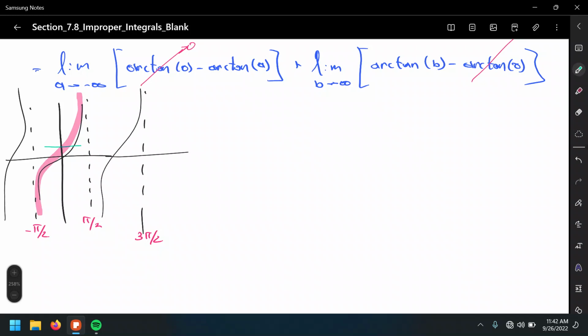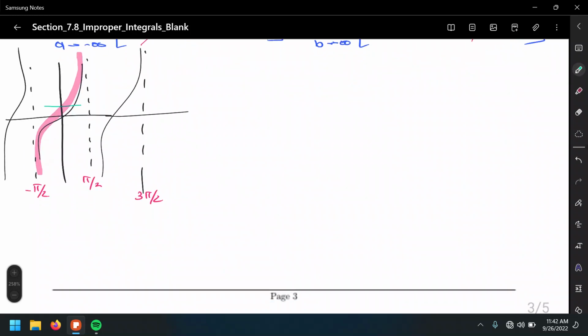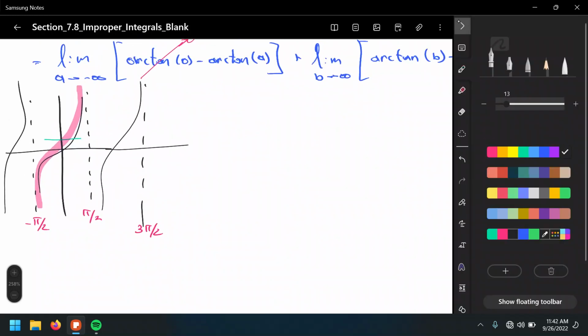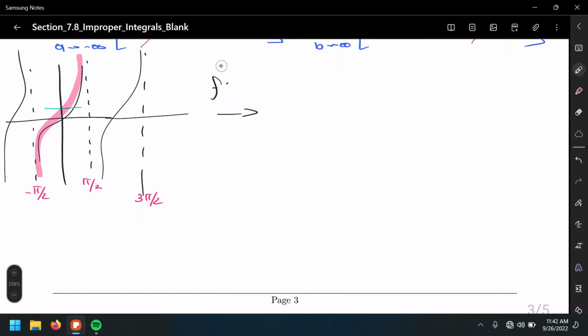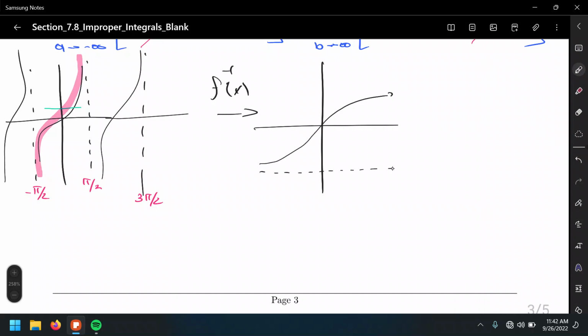Okay, so that means that when we define the inverse tangent function, f inverse of x, this should look like this, with the horizontal asymptotes here.